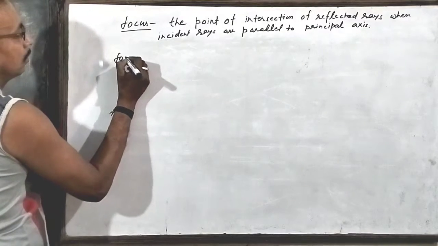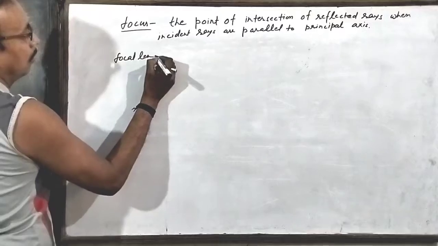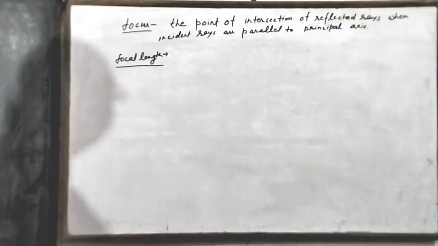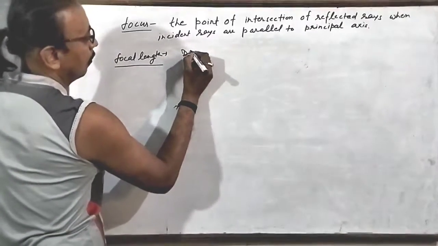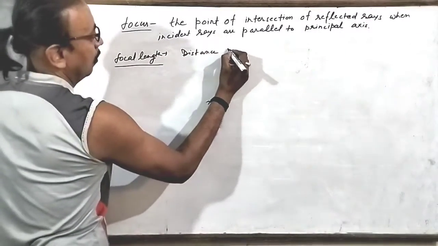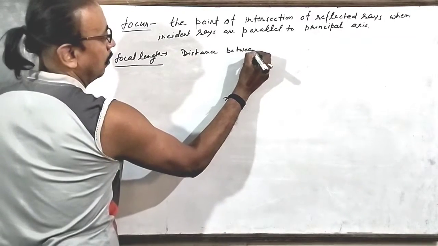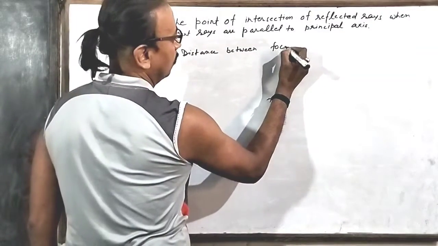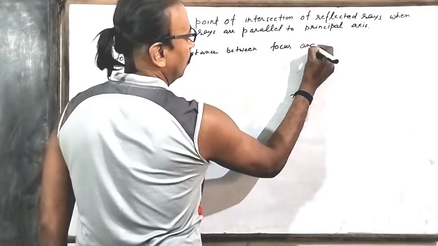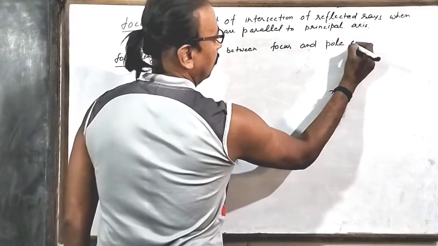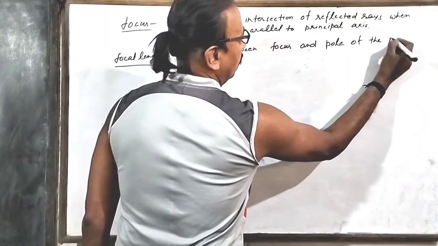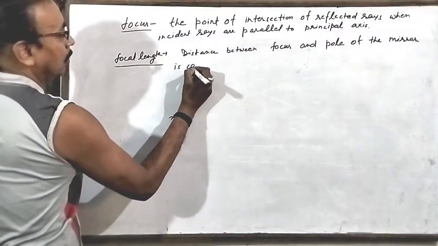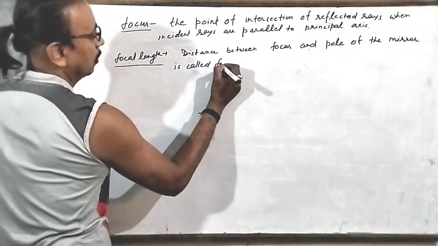The focal length, the distance between focus and pole of the mirror, is called focal length.